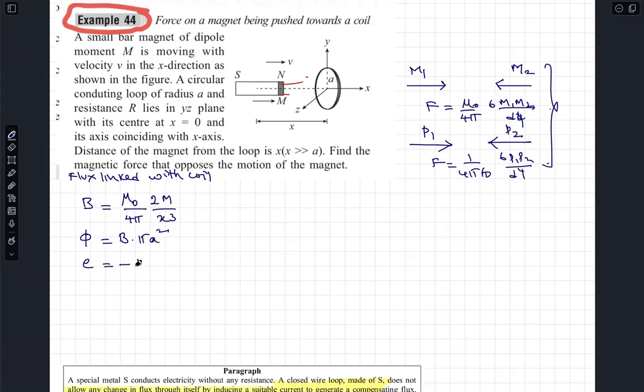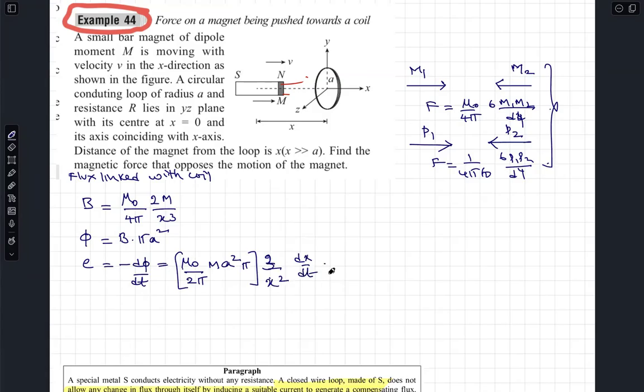EMF induced is minus d phi by dt. So this is nothing but mu naught by 2 pi M a square into pi, 1 by x cube, 2 by x square, 3 by x square dx by dt.